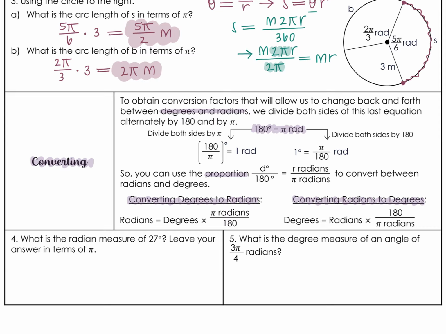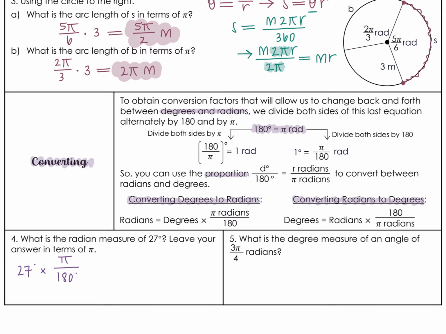All right, let's look at some practice problems. Here with number 4, they want to know what is the radian measure of 27 degrees, and we're going to leave our answer in terms of pi. So we're going to start off with that 27 degrees, and we're going to multiply it by pi divided by 180. Like I said, you'll see that the degree that we currently have, I want to cancel it out, so I'm going to have it in my denominator.